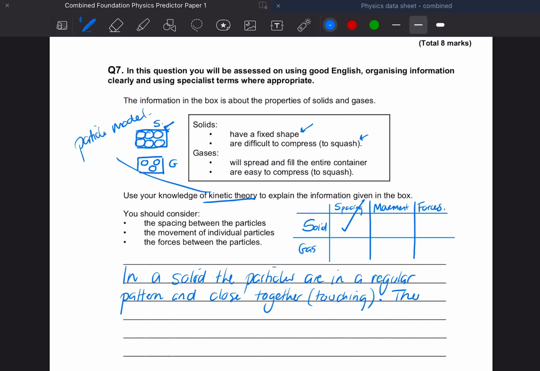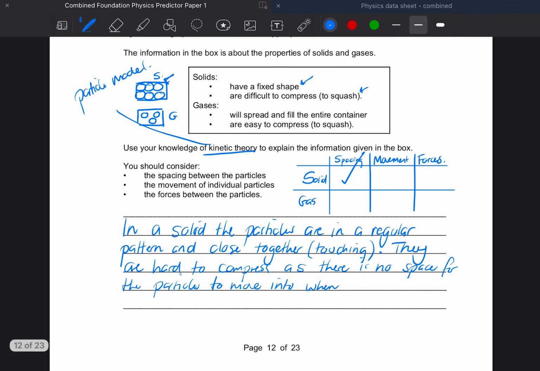They are hard to compress as there is no space for the particles to move into when squashed.